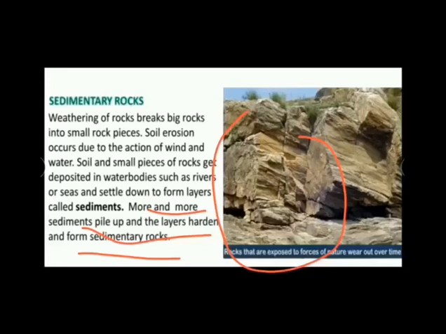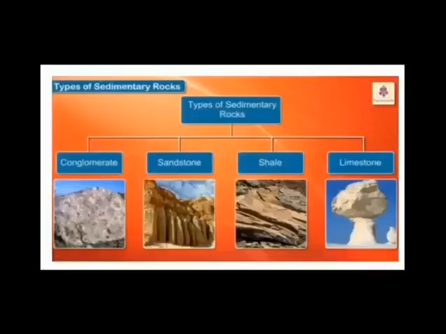The natural forces are wind, water, rain and ice. So these are the sedimentary rocks. Now let's take some examples of sedimentary rocks: conglomerate, sandstone, shale and limestone. These are the types of sedimentary rocks.